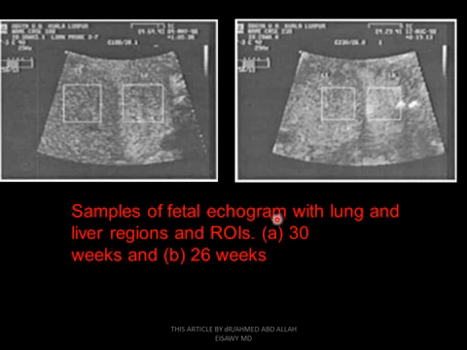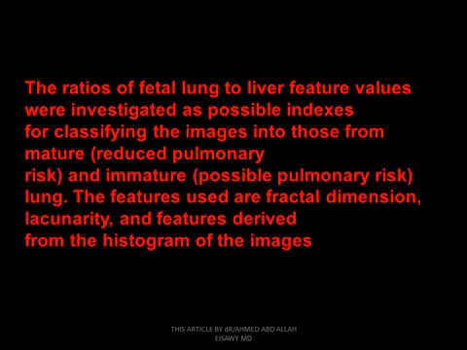Samples of fetal echogram with lung and liver regions and region of interest, at 30 weeks and 26 weeks. Compare both sides. The ratio of fetal lung to liver feature values was investigated as a possible method of classifying the images into those from mature, reduced pulmonary risk, and immature, possible pulmonary risk.